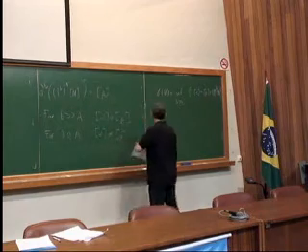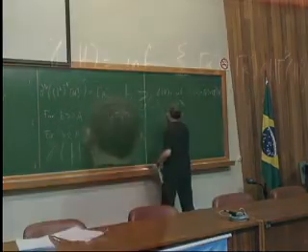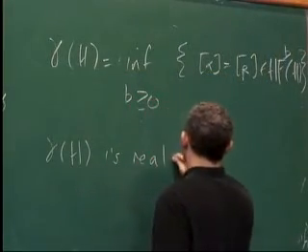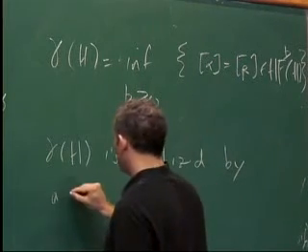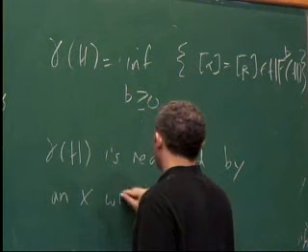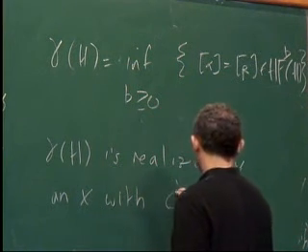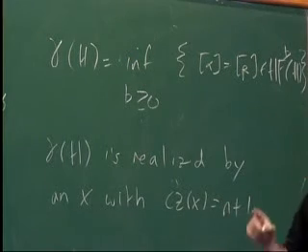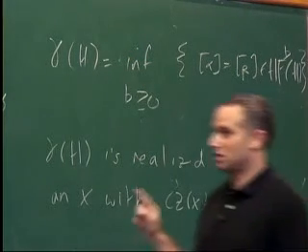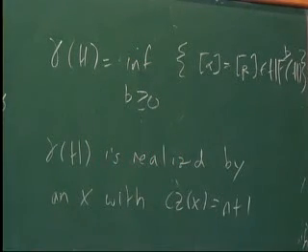Okay, so the fact here is that gamma H is realized by an x with Conley-Zehnder index equal to n plus 1. There's one missing feature. We need x to be in this region G.